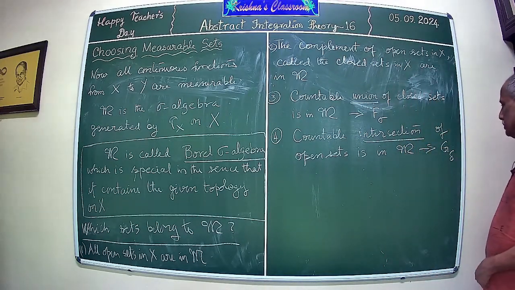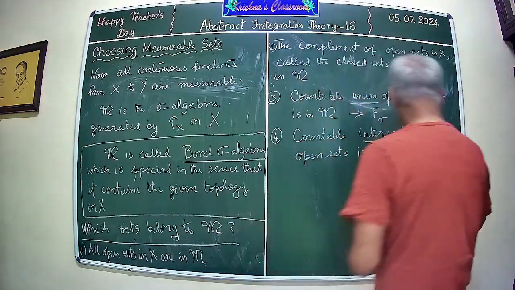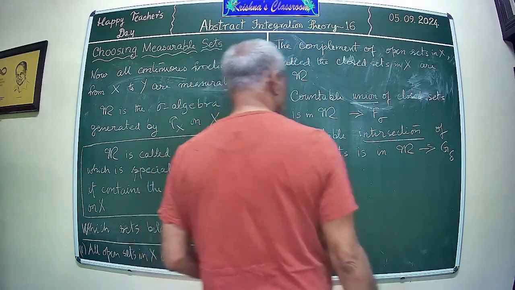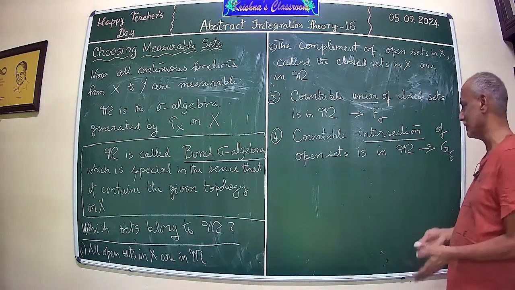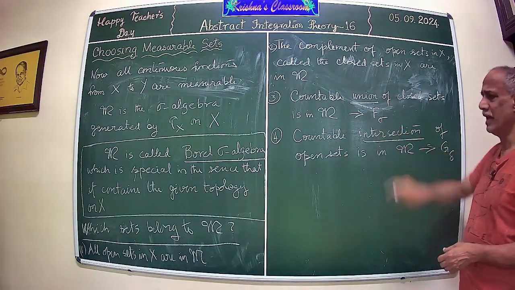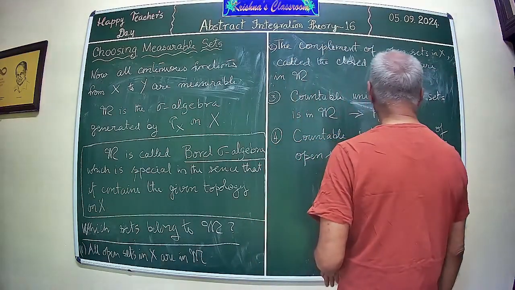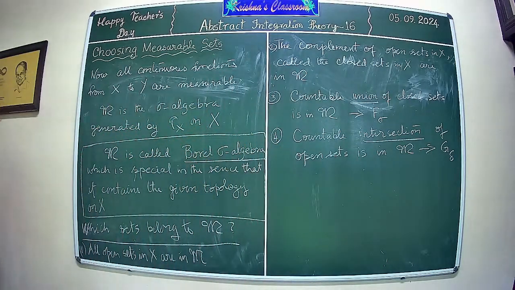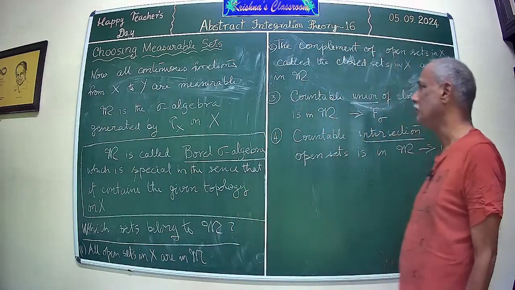G is for Geöffnet, that is the German word for open, and delta is Durchschnitt, that means it is the intersection. Whereas sigma stands for sum and F usually designates closed sets. I have forgotten the exact word, but it again comes from German.